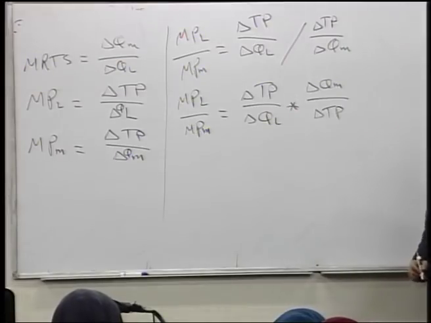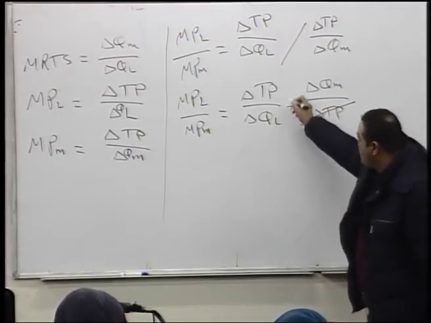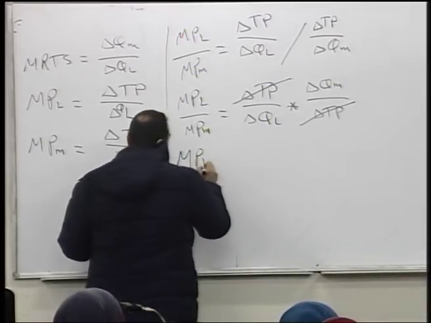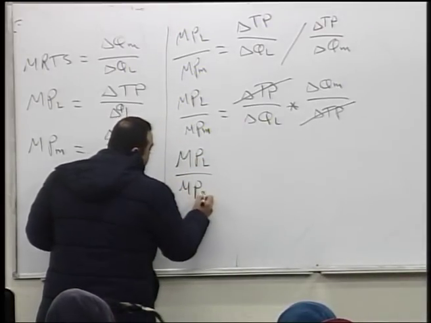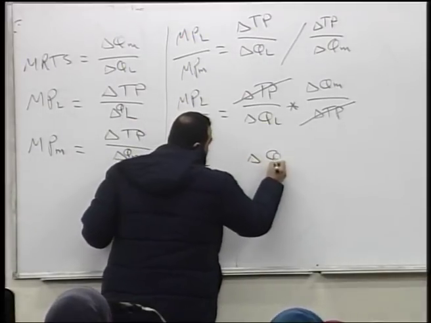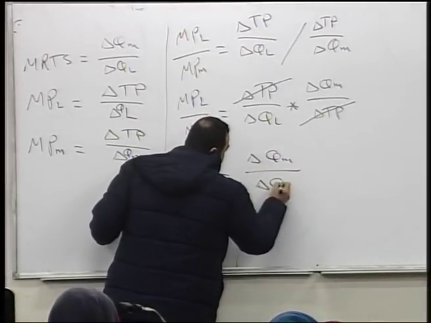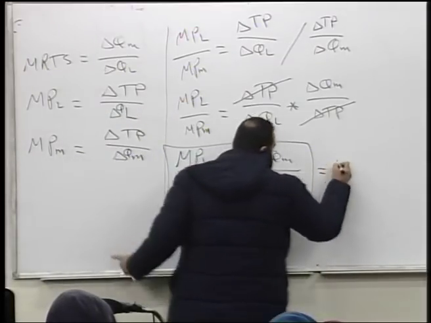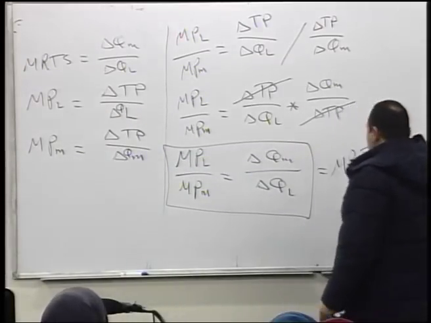Change in total production cancels with change in total production, so marginal production of labor over MPM equals change in quantity of machines over the change in quantity of labor, which is the marginal rate of technical substitution.